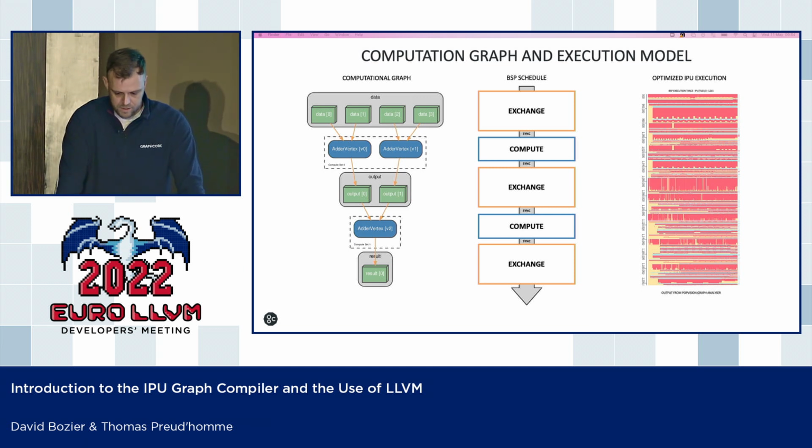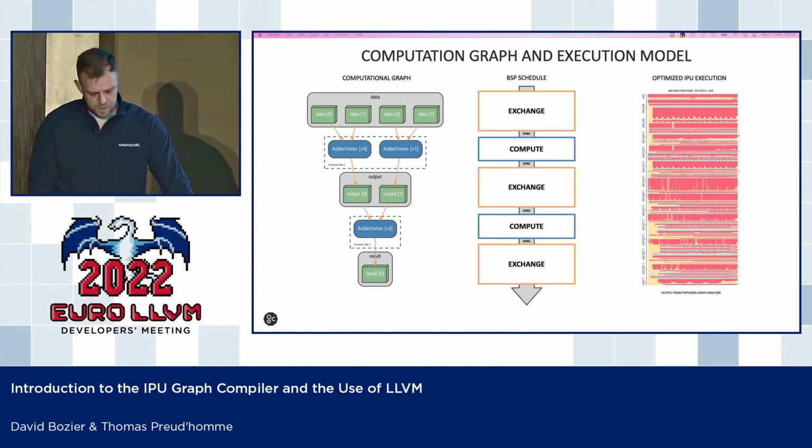The exchange phase shows the transition of the edges between data and vertices in the computational graph. And the computation phase is the actual execution of the compute. Our software maps this graph to the IPU device using a bulk synchronous parallel schedule.